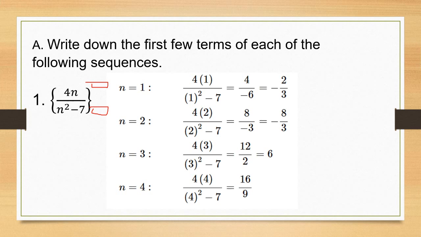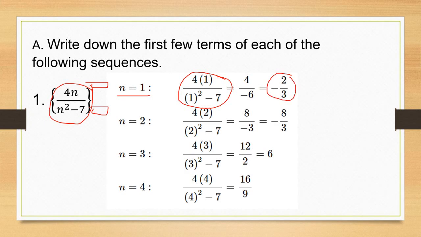So if n is equal to 1, we just simply substitute 1 here. So we have 4 times 1 over 1 squared minus 7. And so if n is equal to 1, we have negative 2/3 as our a sub 1.